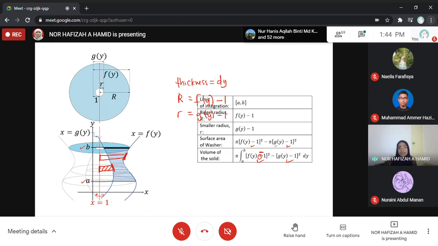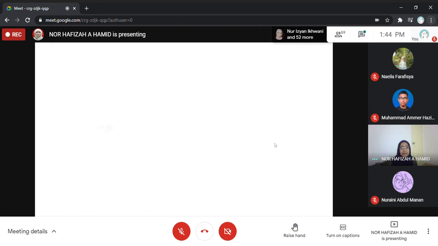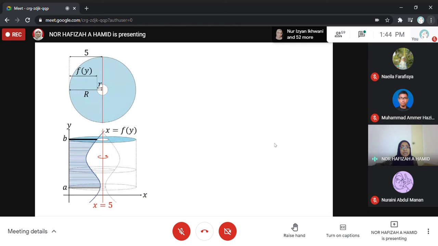Okay, untuk yang last case. Last case pun revolve parallel to y axis. So dia revolve pada x equal to 5. So thickness dia kita akan pakai dy. And for outer radius, outer radius daripada axis of revolution sampai ini.